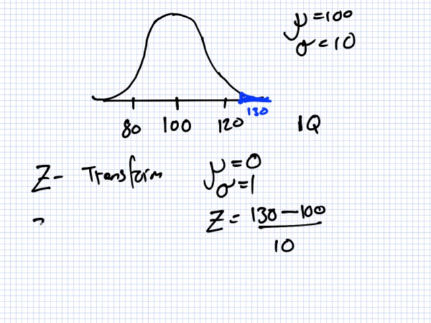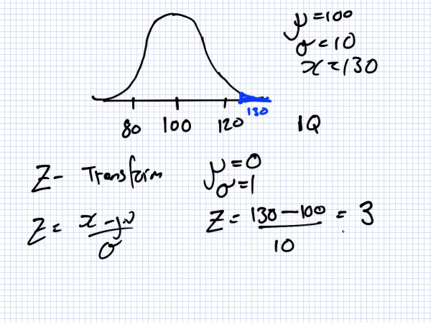The formula, remember, was x minus mu over sigma. So what's that now? That's 3. So now what we're looking at is the area to the right of the 3.